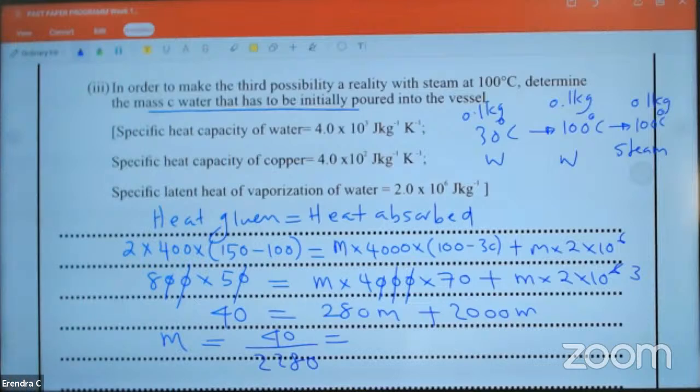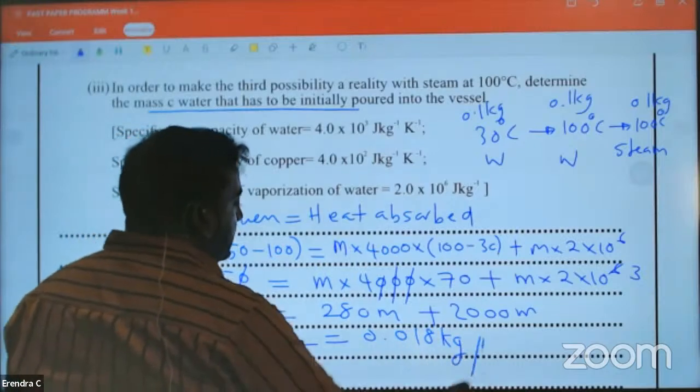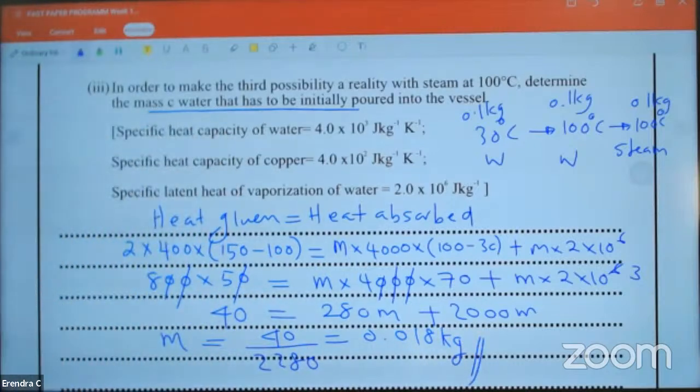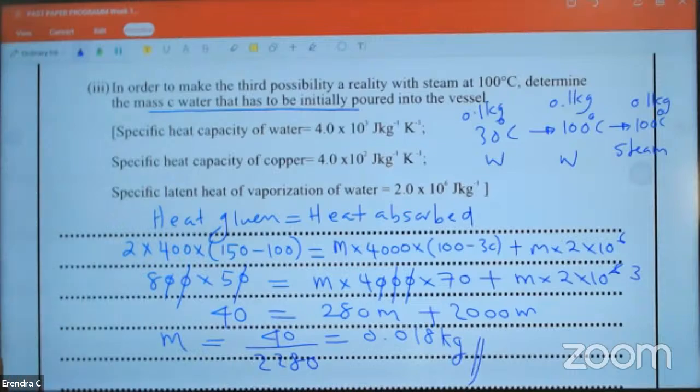How much? Divide and find. 0.018 kilogram. I think Bilal is telling us. Yes, Bilal is telling us. So I'll accept his answer, 0.018. Okay, no? Right.